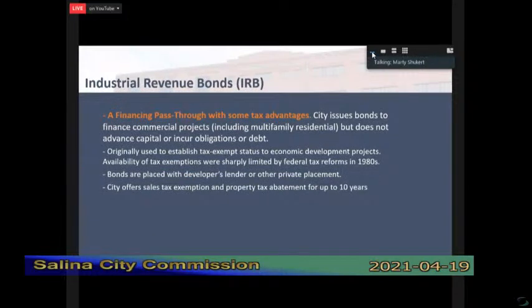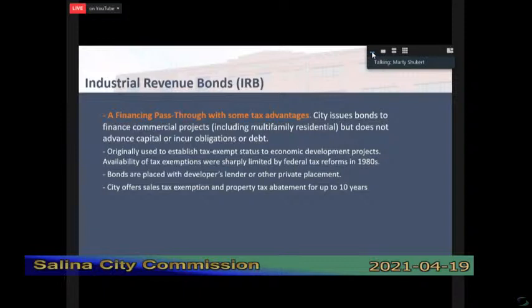The third thing that you have in your immediate toolbox are IRBs, or industrial revenue bonds. IRBs have changed somewhat over the years. What they actually are is a financing pass-through with some distinct tax advantages. So the city can issue an industrial revenue bond to finance a commercial project.